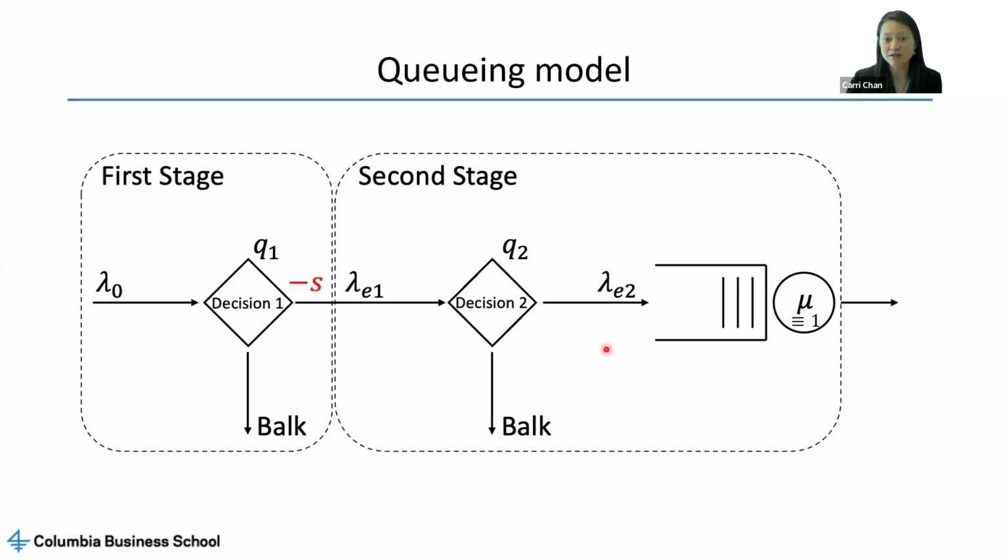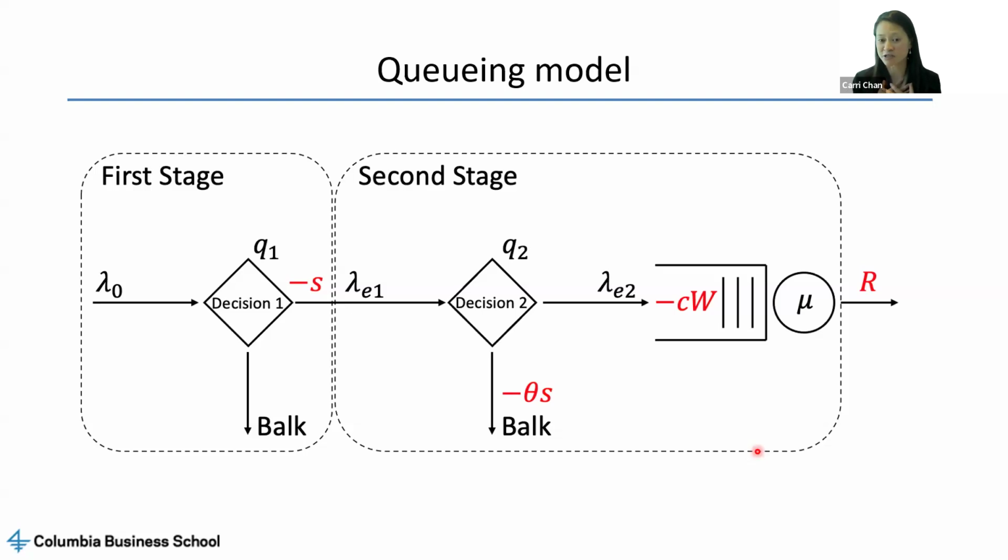We assume that if someone decides to enter the queue, they're going to stay in the queue. So I'm looking primarily at balking in this model. We've normalized service rates to 1 for simplicity. Everything extends for an arbitrary rate. The decision here is going to be based on the information that's provided.